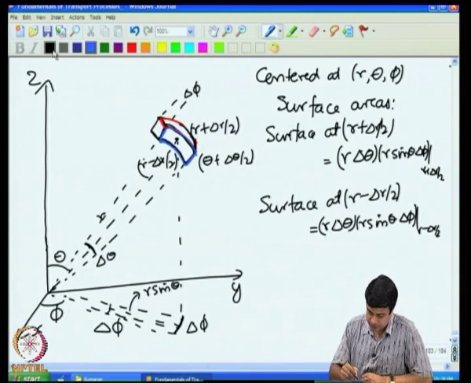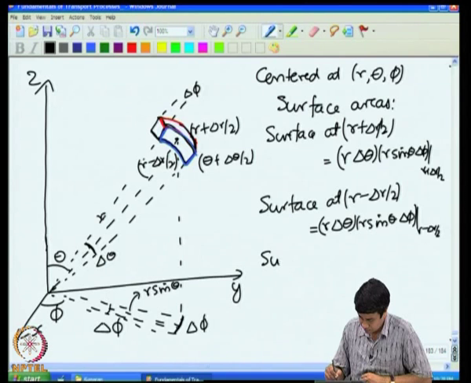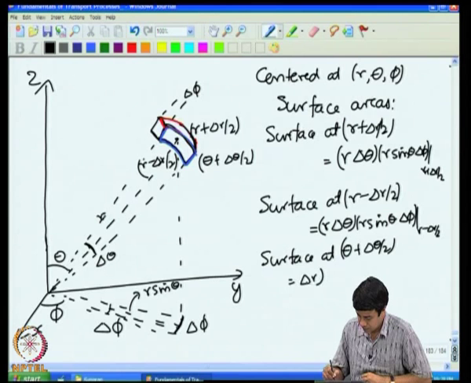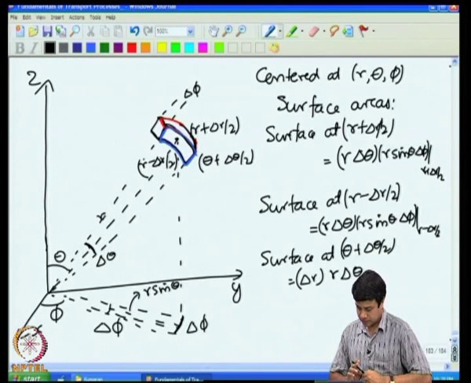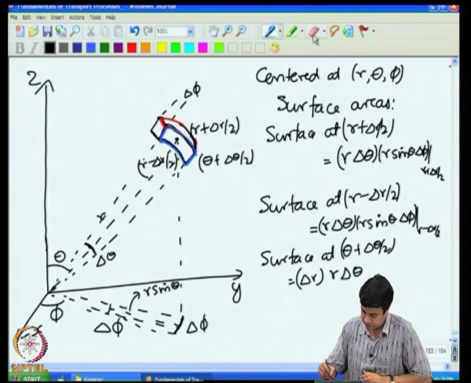So, therefore, this surface at phi plus delta phi by 2 is equal to delta r into r delta theta. I am sorry, this should be at phi minus delta phi by 2 and phi plus delta phi by 2.